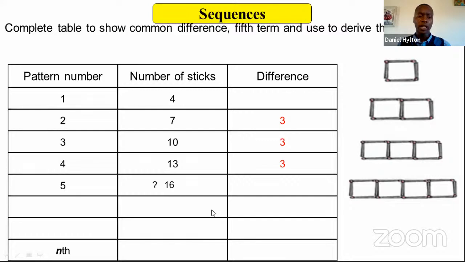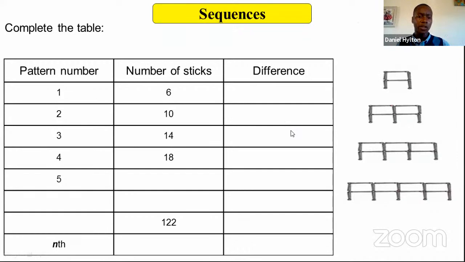So 3 times 3, that's 9, plus 1, that's 10. That seems to work for our third term. Let's look at our fifth term. So 3n plus 1, where n is 5. That's 3 times 5, 15, plus 1, 16. So we're on the ball so far. Our expression to get the number of matchsticks for our nth term is 3n plus 1.